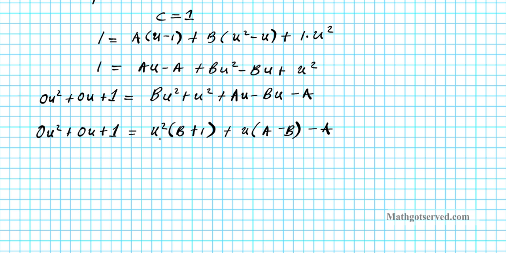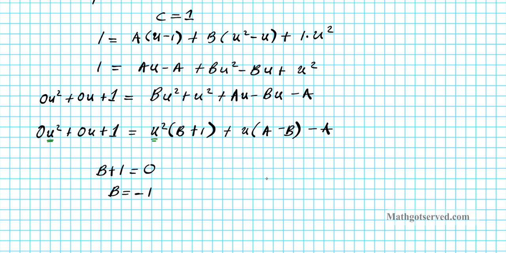Because this is u squared and this is u squared, we know that 0 has to be equal to b plus 1. We set these two terms equal to each other, cancel out the u squared, and you have 0 equals b plus 1. Subtract 1 from both sides, and you have b equals negative 1.